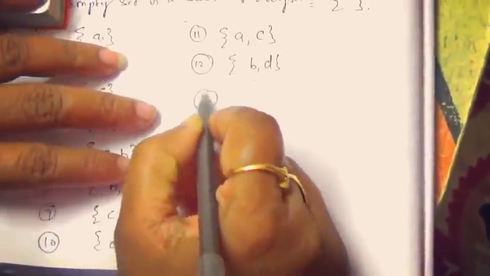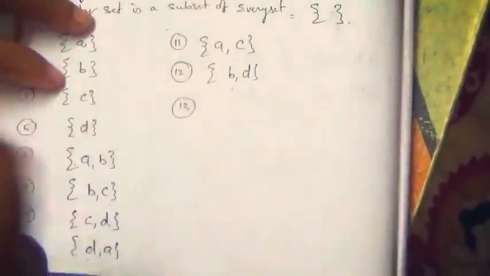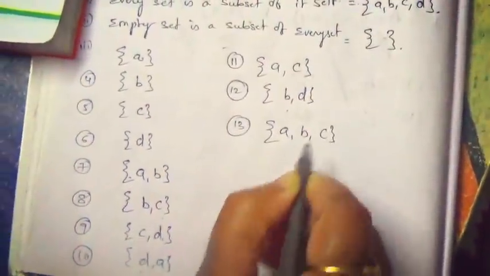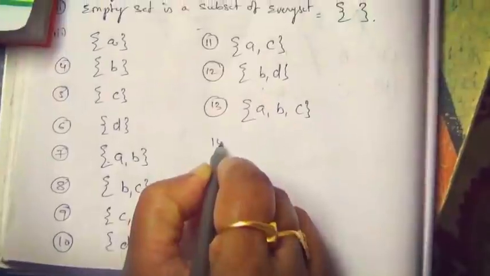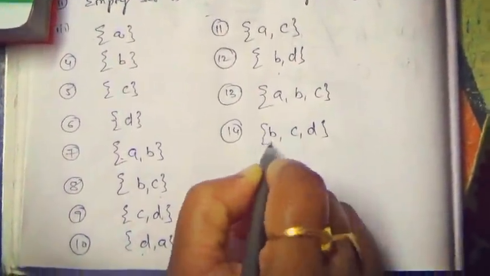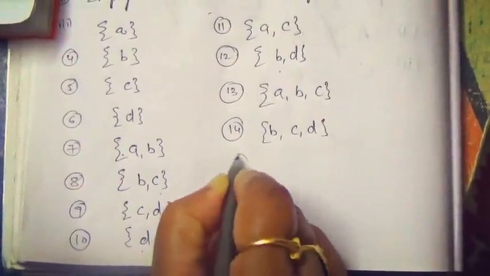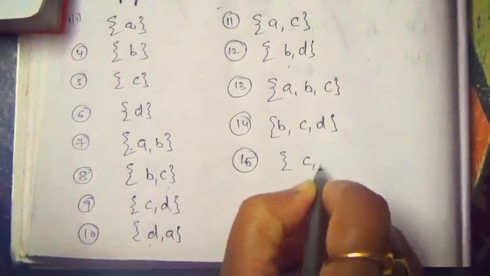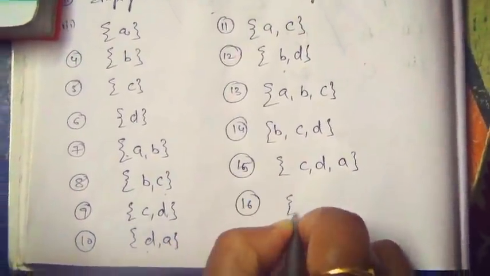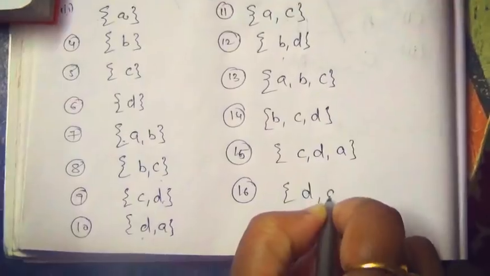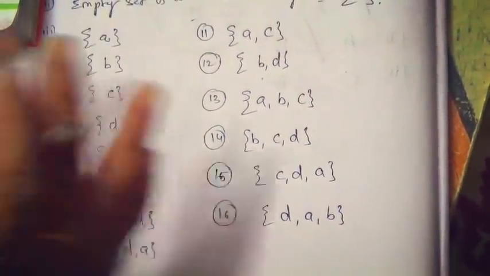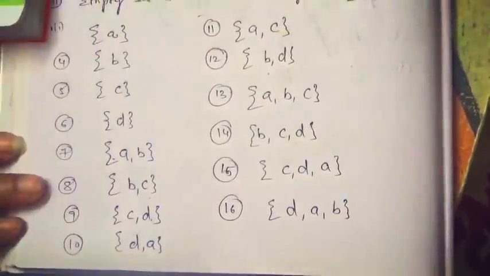So the 13th: now we have to finish the 3-element subsets. So A, B, C, then 14, B, C, D, 15, C, D, A, 16, D, A, B. Just like that you have to write all the subsets of a set.